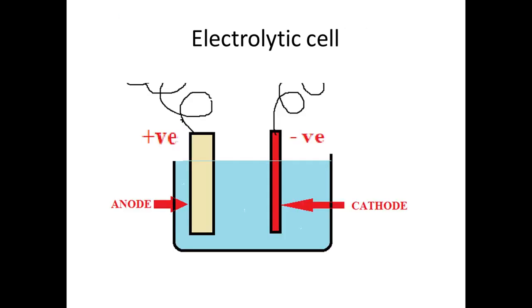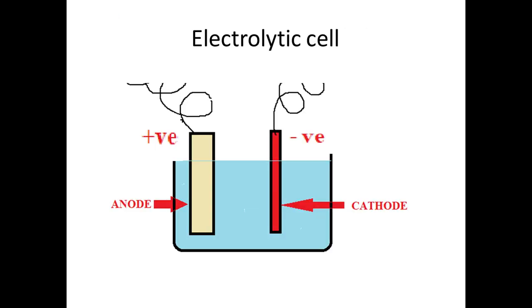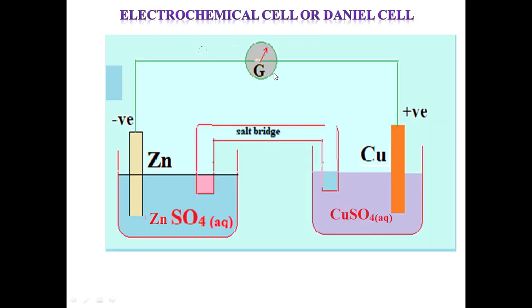The second difference is that both electrodes are dipped inside a single container, while in an electrochemical cell, the electrodes are dipped inside separate containers. Third difference, both electrodes are made up of the same or different material in an electrolytic cell, while in an electrochemical cell, both electrodes must be made up of different elements only.